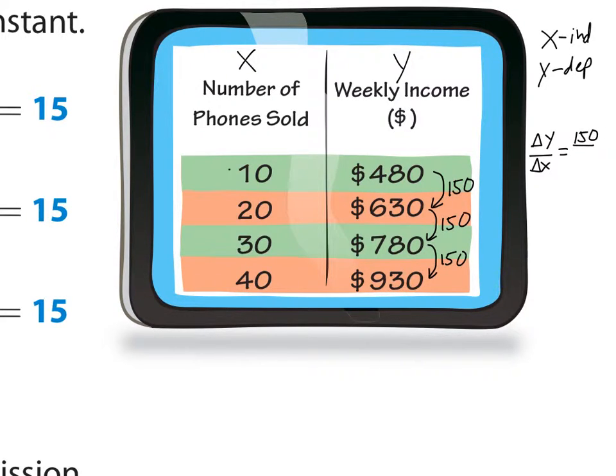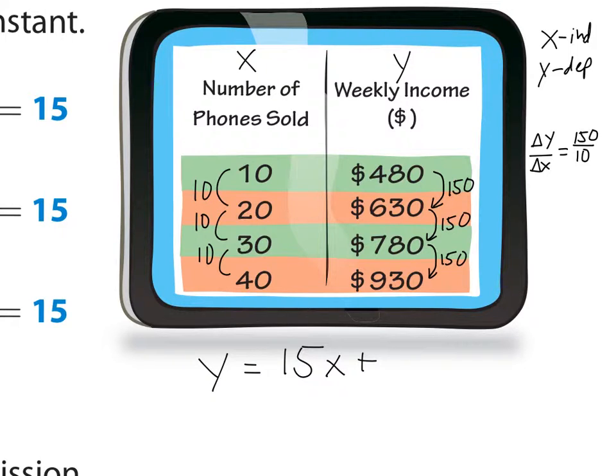Now what about our change in X? It's going up by 10 every time. All right, so my change of X is 10. Now what's 150 divided by 10? 15. So I know that my M, my slope, is 15. 15x. All right. Plus, now I got to get my B, my y-intercept. Now, what is my x at my y-intercept?